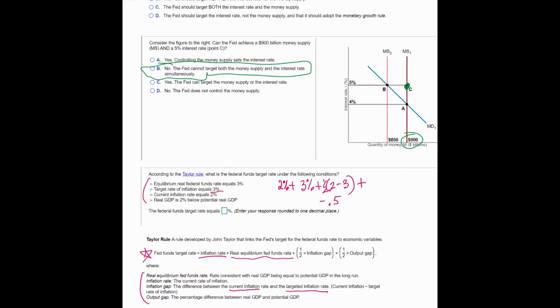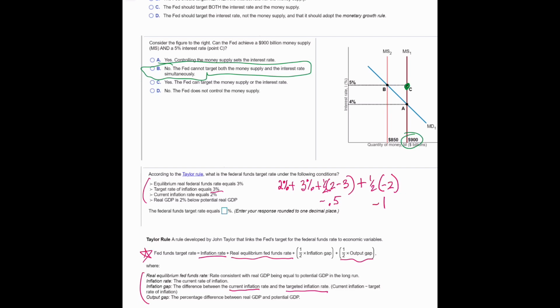And then the last one is the output gap. It's 1/2 of the output gap. So we're going to take 1/2 times the output gap, which is the difference between real GDP and potential GDP. So real GDP is less than potential, the difference is -2. So we're going to take 1/2 of -2, that's going to be -1.